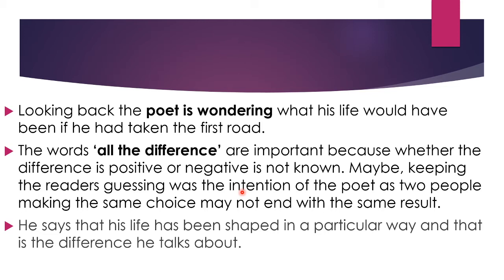So, all the difference, we don't know what kind of difference, but we know that he is just looking back and he is wondering, as we've discussed before, that it is a common human trait to think about things that they don't have. So, the poet is wondering what his life would have been if he had taken the first road.